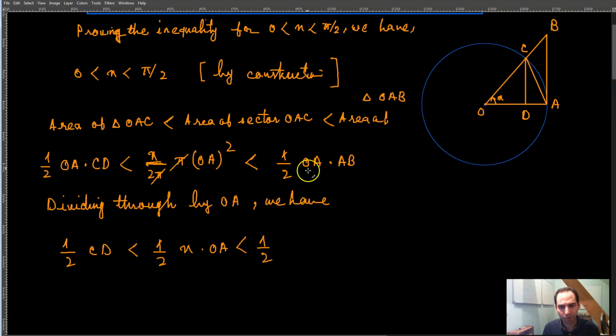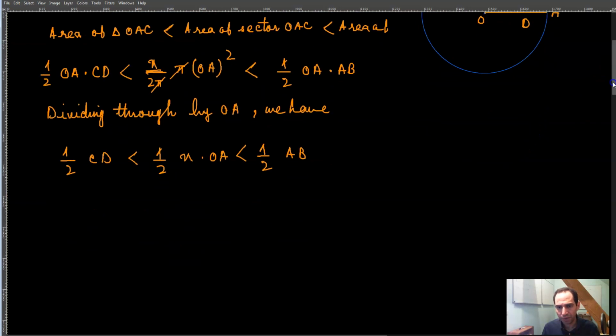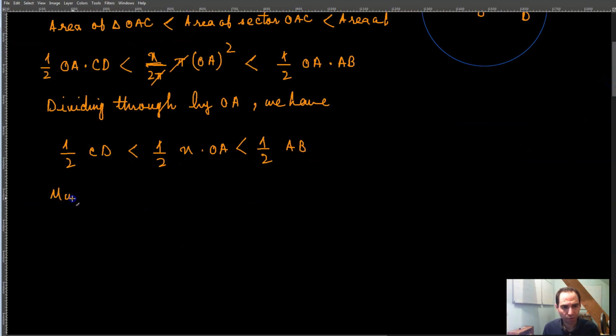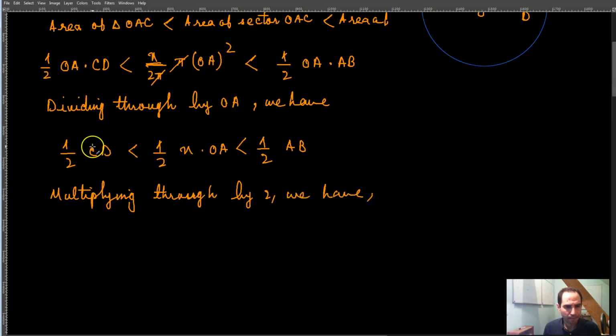You have 1/2 of AB. And now multiplying through by 2, you would get CD is less than x times OA is less than AB. CD is less than x times OA is less than AB.